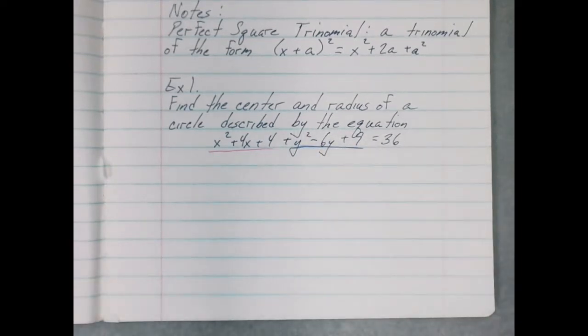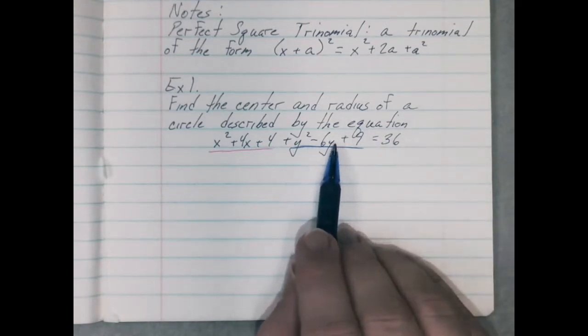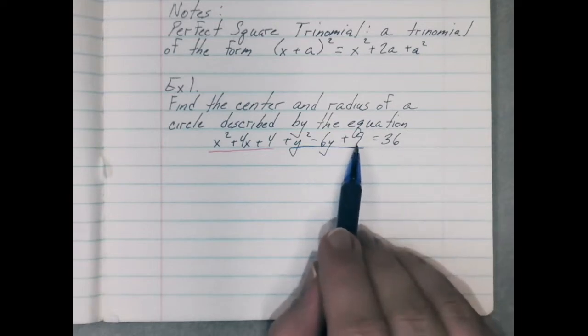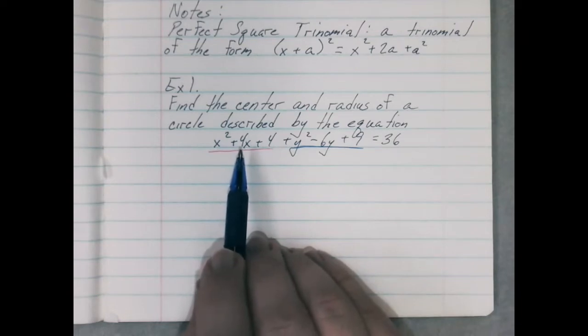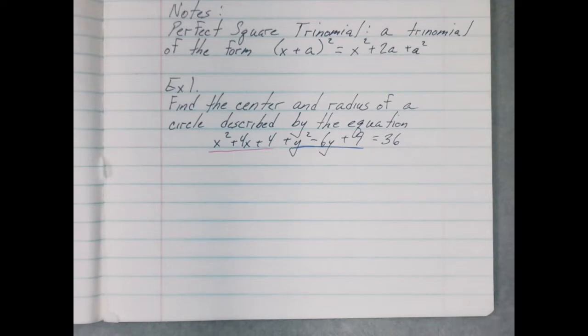How can I tell these are perfect square trinomials? Well, if I look right here, half of 6 is 3, 3 squared is 9. If I look right here, half of 4 is 2, 2 squared is 4. I can rewrite these things out now.